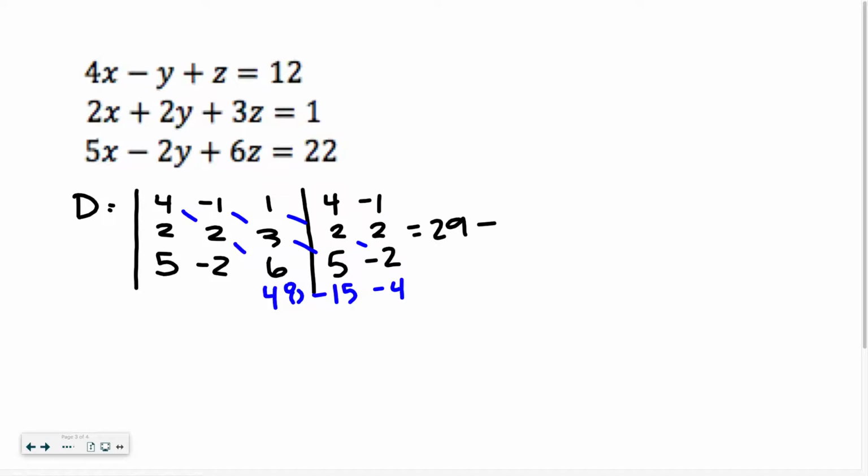And then 5 times 2 times 1 is 10. This will be negative 2 times 3 is negative 6 times 4, so that's minus 24, so I'm down to negative 14. And then minus 12. So negative 14 minus 12 more would be negative 26. And that means I'm really adding 29 and 26, so what is that, 55?